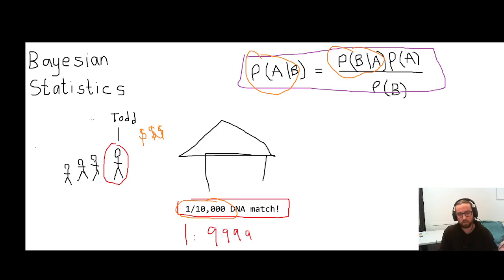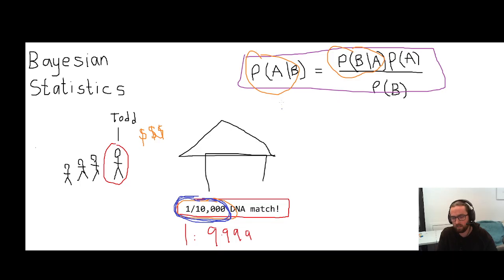So it doesn't really matter what this number is, because no matter what happened, they were going to find someone with a DNA match, because there were enough people to have this happen. So this isn't a fair statistic to bring up in a courtroom. And these aren't independent events either. They select people who have the DNA match already, so they're already biased. This fact doesn't actually condemn Todd as much as it seems like it does.